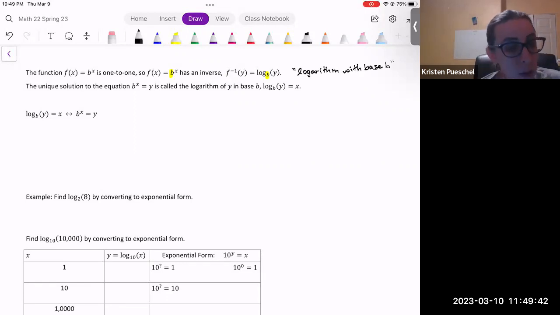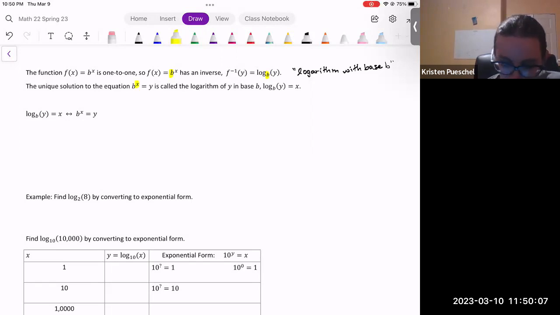Okay, so if we have b to the x equals y, and we know y, then the solution x is our logarithm. So log base b of y is telling us the x value so that b to the x gives us y.